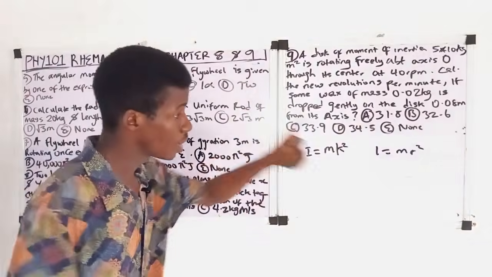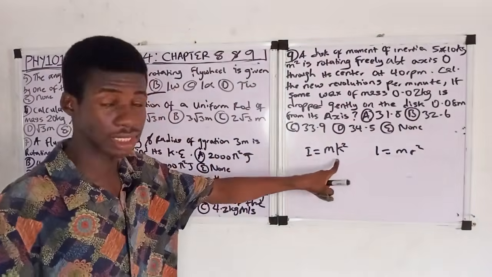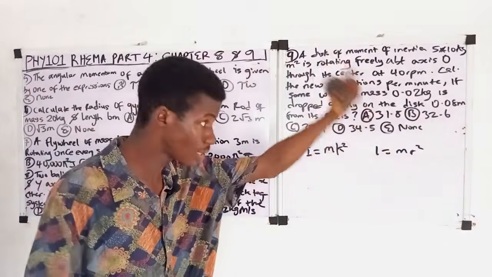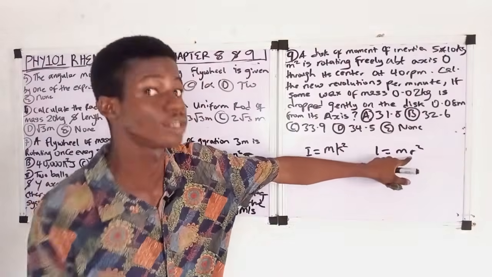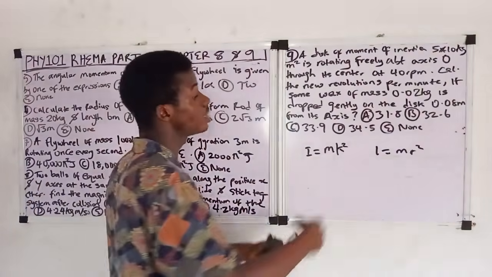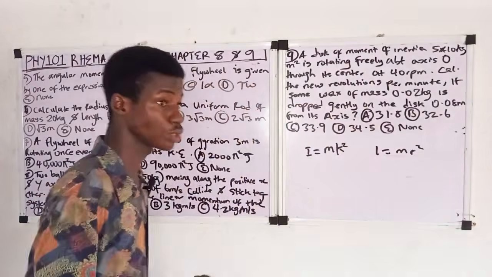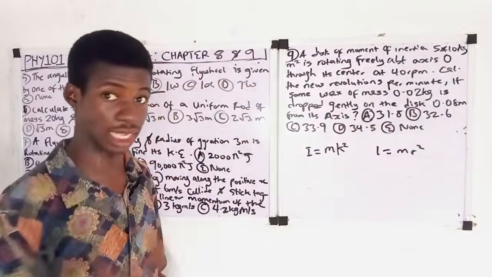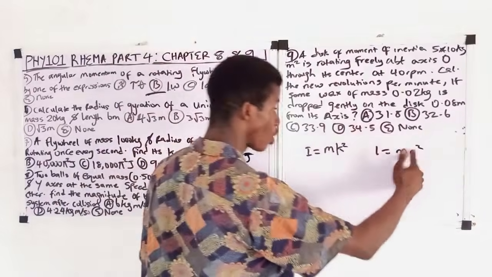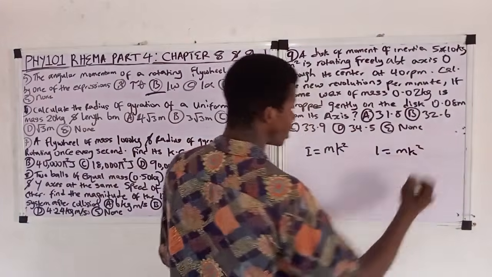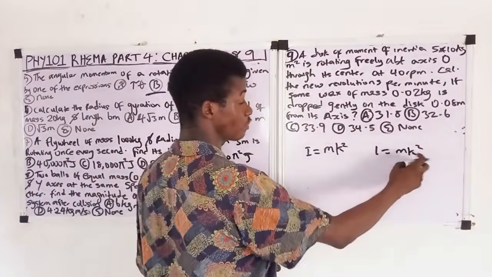So moment of inertia is equal to the mass of the body times the square of the radius. In the place of the radius, which is an assumption and a constant, I put K. K is known as the radius of gyration.